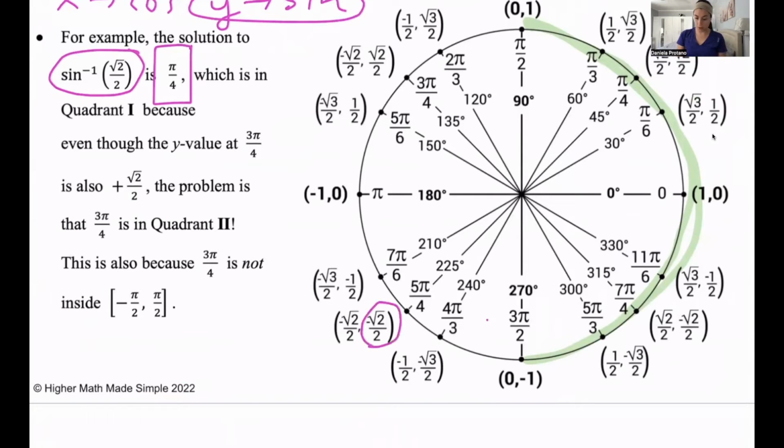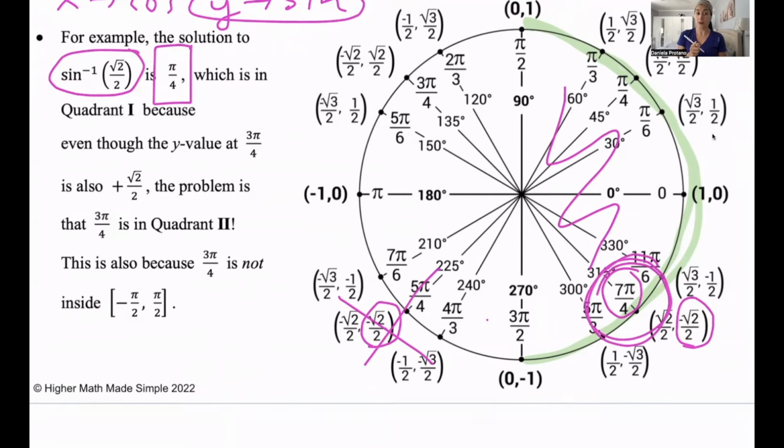Technically, we can look here at 5 pi over 4, and we can look over here at 7 pi over 4. Again, we are looking for answers in either quadrants 1 and 4, so we can't use 5 pi over 4 radians. And then a lot of people would write the answer as 7 pi over 4.